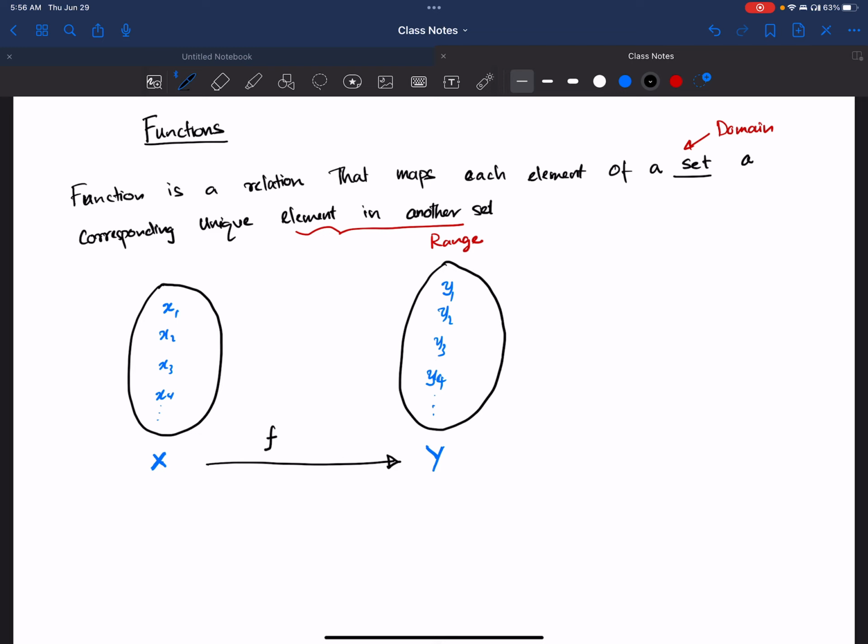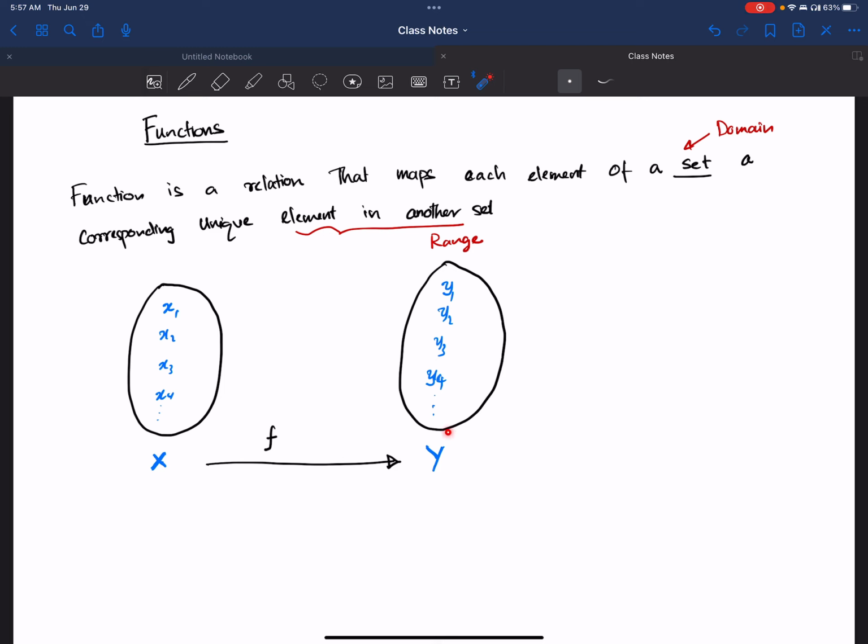Usually the first set, this set on this side, is called the domain.